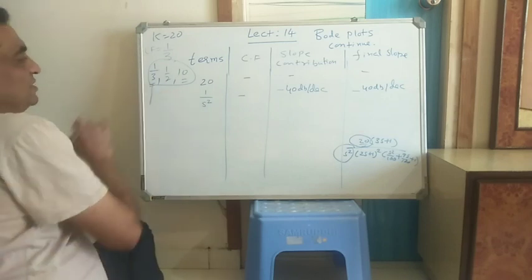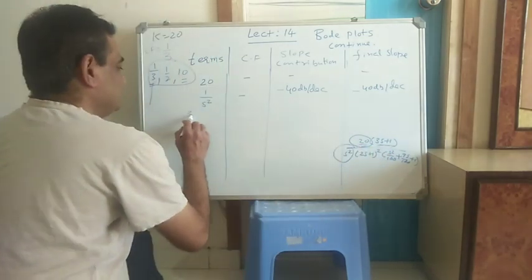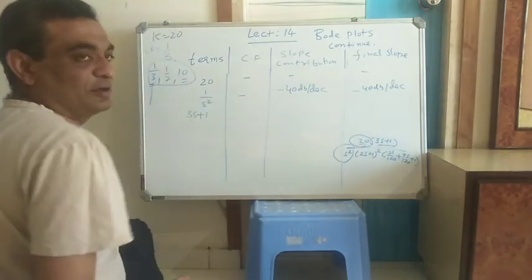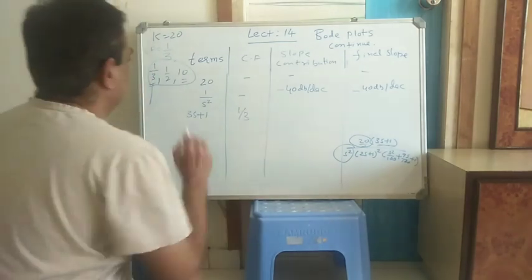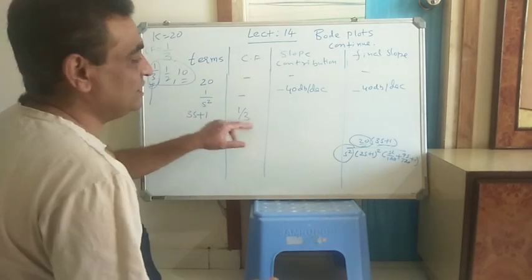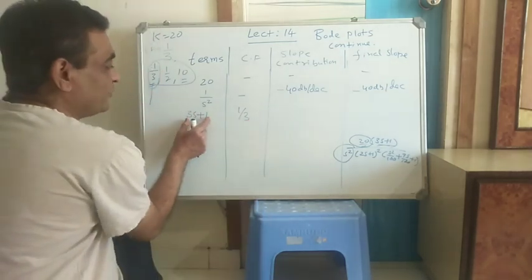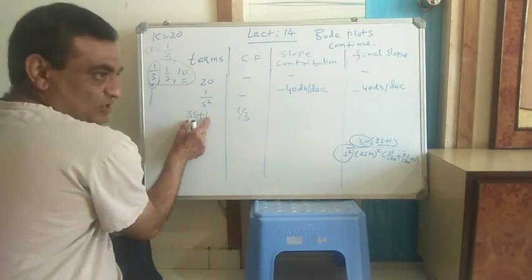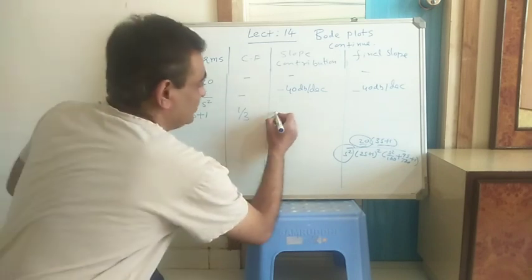The lowest corner frequency is 1 by 3. It is contributed by the 3s plus 1 term. Since 1 by 3 is the corner frequency of a first order term on the numerator side, the slope contribution would be plus 20 dB per decade.